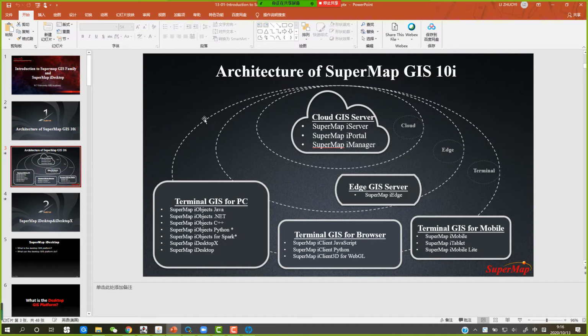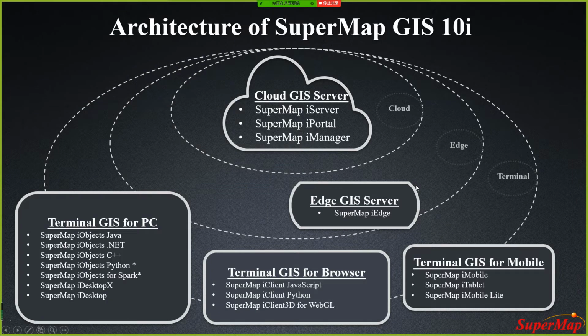Okay, let's take a look. This is the architecture of SuperMap GIS 10i. Let's look at it again to understand what this SuperMap software is. First, the cloud GIS server.